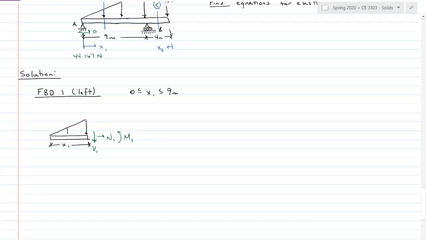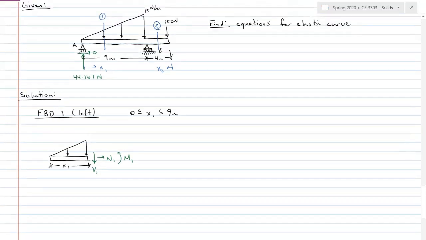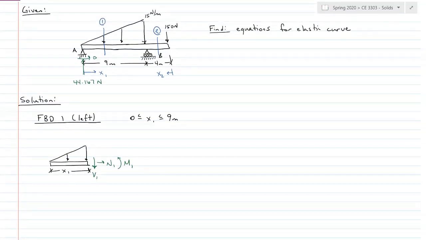Now remember my distributed load ranges from 0 to 15. So if I'm looking at a range of distances, that means my load has to also be represented as an equation. So I'm just going to do y-intercept, so that's rise over run x, plus 0. So that's my height, or my y, because it starts at 0.